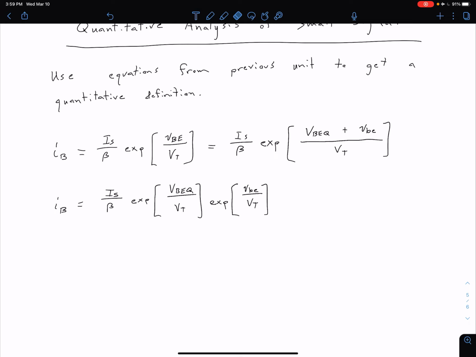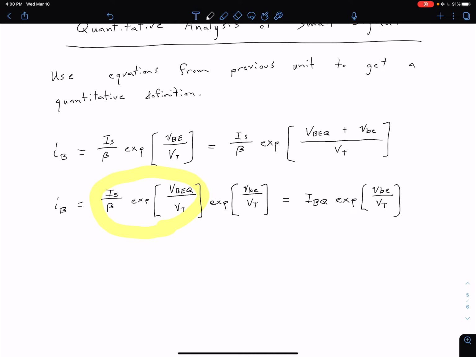What we can recognize is that this first part is just our DC base current. So we can now write this as IBQ in place of that term circled in the yellow highlighter, times exponential of VBE over Vt.